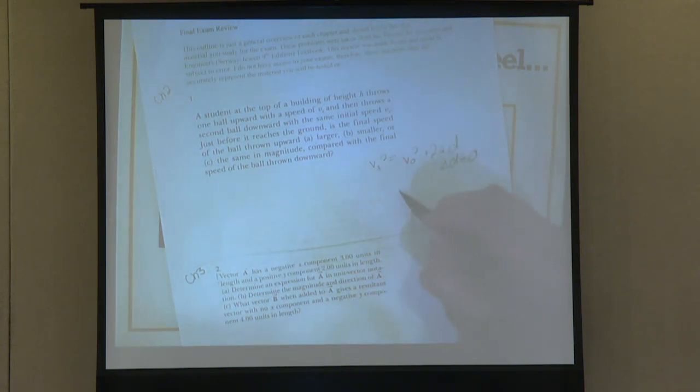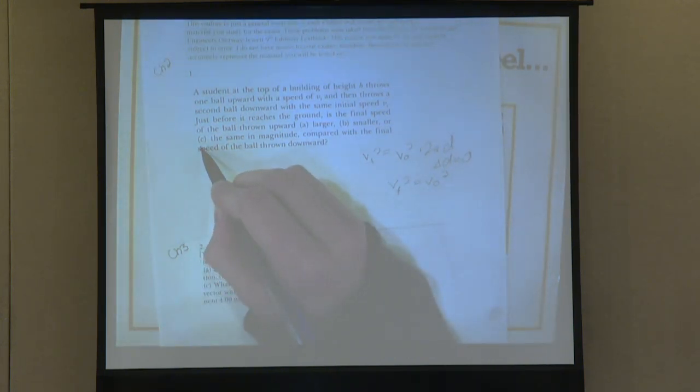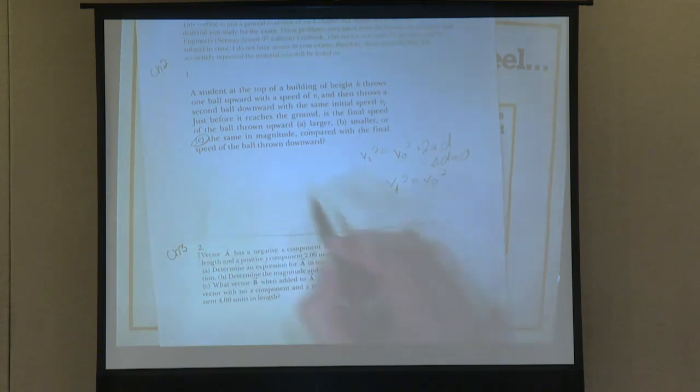So that means that vf will be equal to v naught for the ball that you're throwing upwards. It's going to be the same magnitude, because after you throw it upward and it comes back down, this is going to be vi and this is going to be vf, and they're going to be the same. If you have any questions as I'm going through, or if anything doesn't make sense, just let me know.